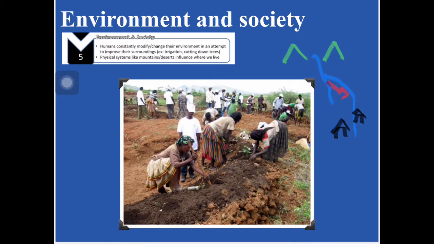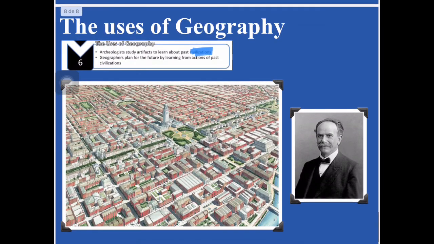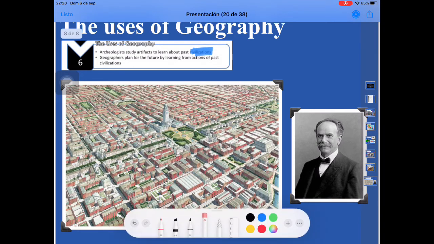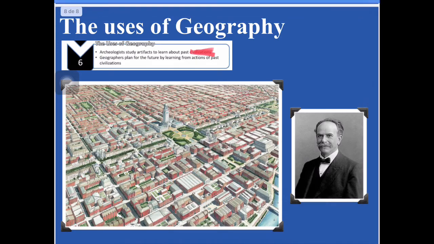So that is also very interesting and is another point of study of geography and of history and of anthropology. And why am I saying this? Precisely because of this last point. The uses of geography. Archaeologists study artifacts to learn about past civilizations. We're going to see in these courses that this word civilization is not going to be used anymore by us. At least not by us. Why?